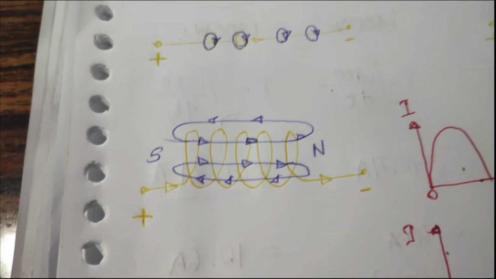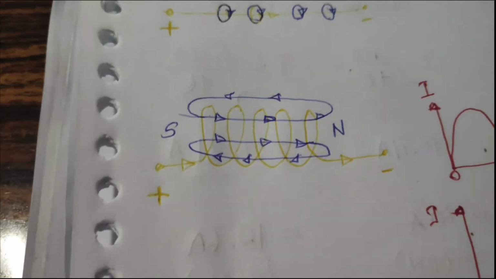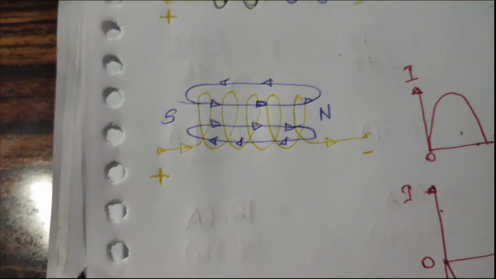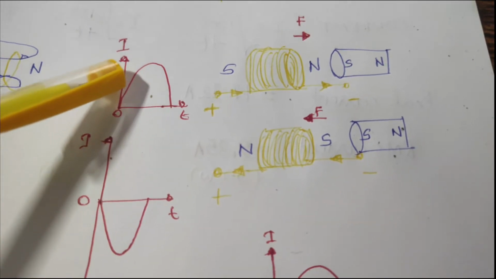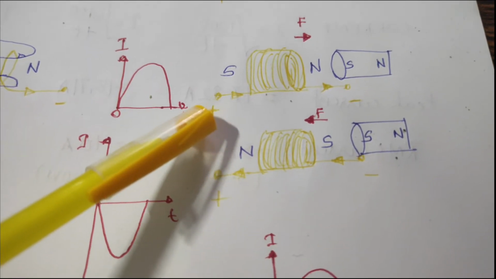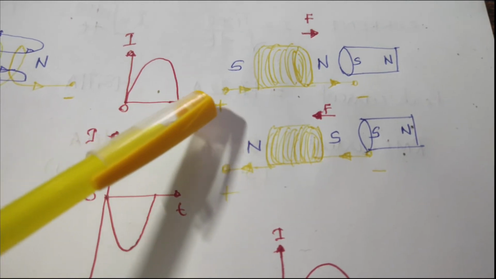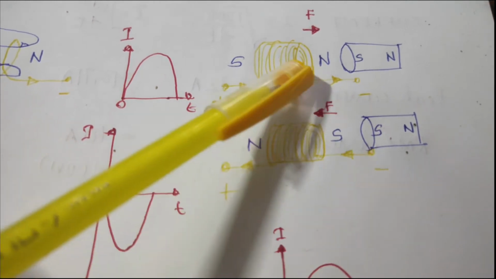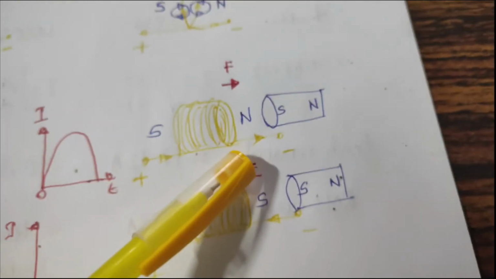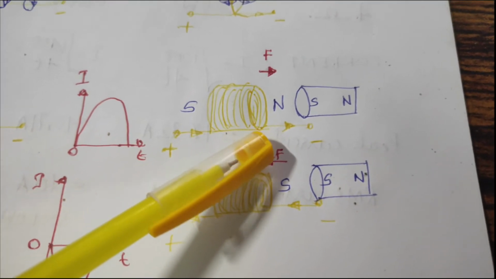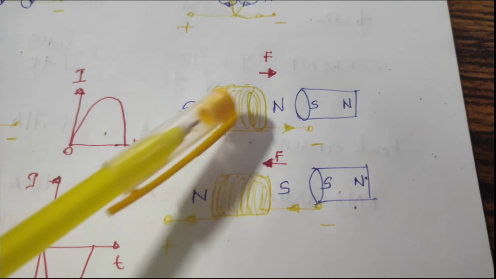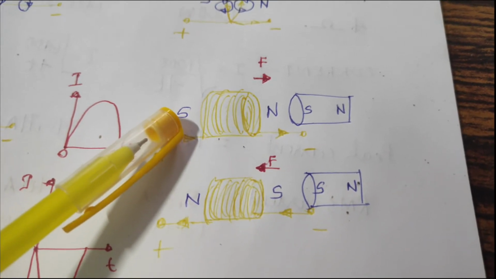As previously said, if we reverse the current, the magnetic polarity will also be reversed. See, here in this figure, current is entering the positive terminal and leaving the negative terminal. The magnetic field resulting will be like this, north pole here and south pole here. This is entirely dependent on winding direction as well as current direction.